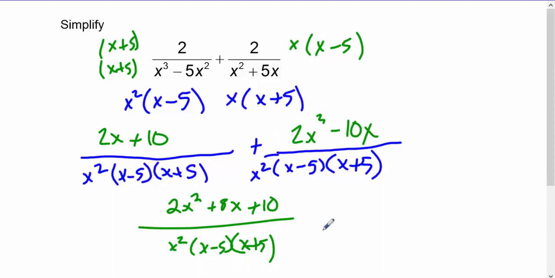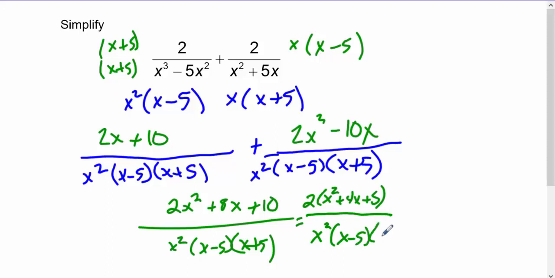Now, this is the first time we've encountered something that actually continues to factor. So I'm going to do that. I'm going to pull a 2 out. And then I look at that and I say, well, while that factored, it didn't really help to get any factor that reduces with the bottom.